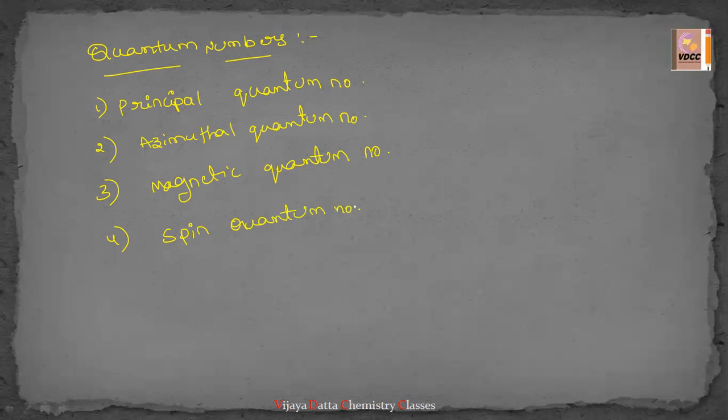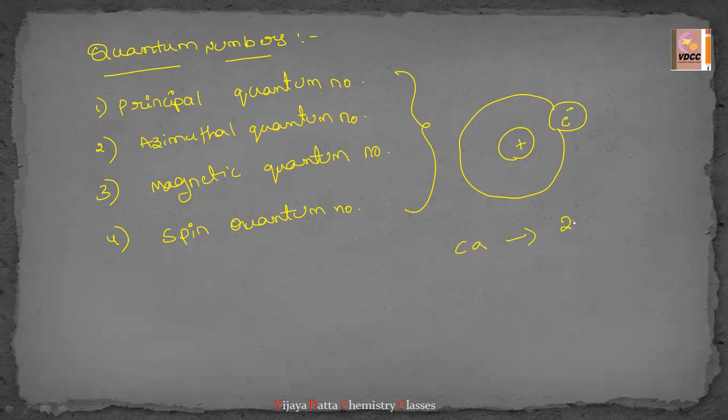Okay, see here. So, how are these quantum numbers helping us? Actually, the work of these quantum numbers is nothing but identifying exactly where the electron is present in an atom. We are talking about calcium, whose atomic number is 20.